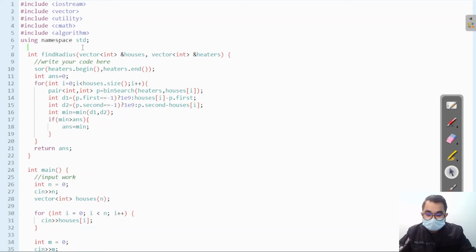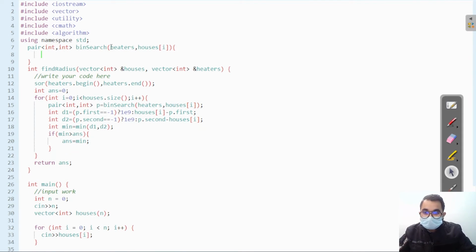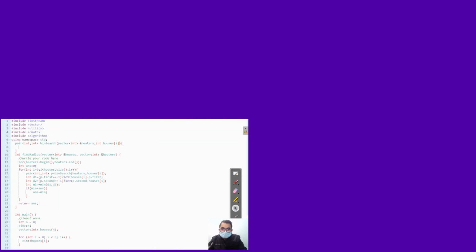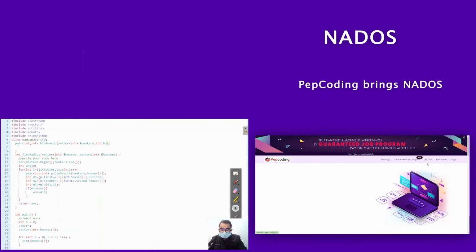And what is this binary search algorithm going to return? It is going to return a pair of int comma int, and the binary search takes a vector of int, vector int heaters, and my house number. So let's name it hn.